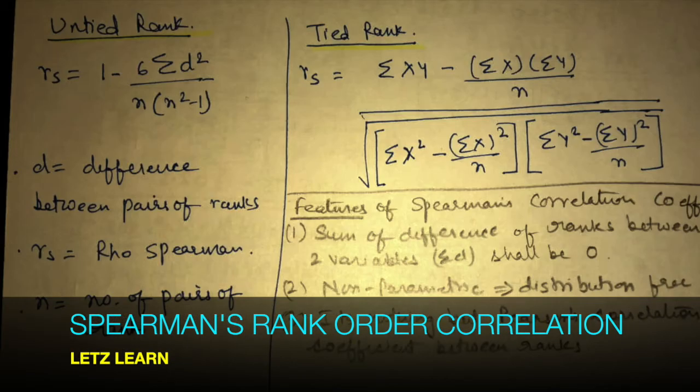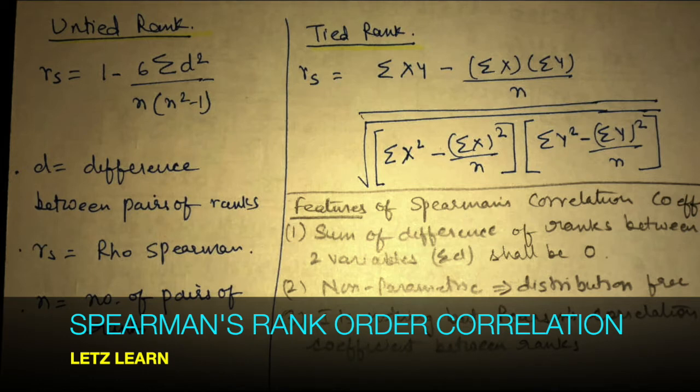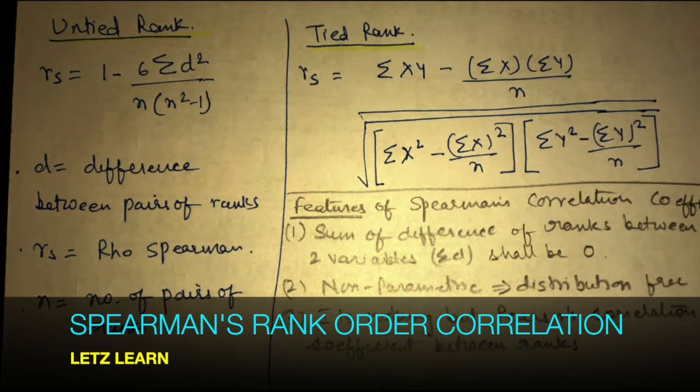Spearman's rank order correlation is calculated through two methods. One is for the untied ranks, where none of the variables carry the same ranking, so all the variables carry different rankings.